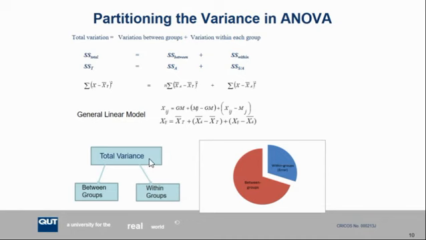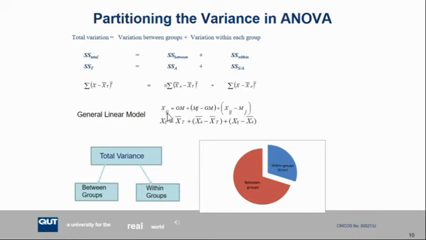We've got a total amount of variance in our experiment and we can divide that up into the between groups or effect variance and our within groups or error variance. Similarly, this is saying the same thing. Our total amount of variance is made up of the variance that's due to the effect and the variance that's due to individual differences. And this is how we express that in mathematical notation using the general linear model.